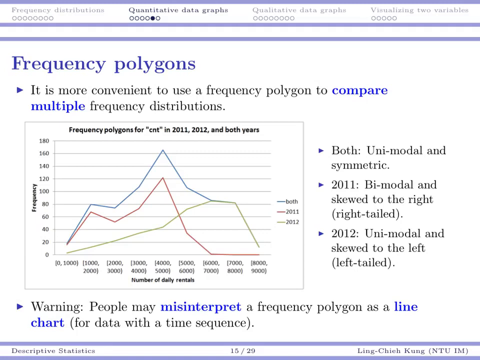So frequency polygons are good, but they also have one drawback: people may misinterpret a frequency polygon as a line chart, which is typically for time sequences. When you see a curve or a few line segments like this, you somehow directly have an intuition that the quantity is going up and down and then up and then down.